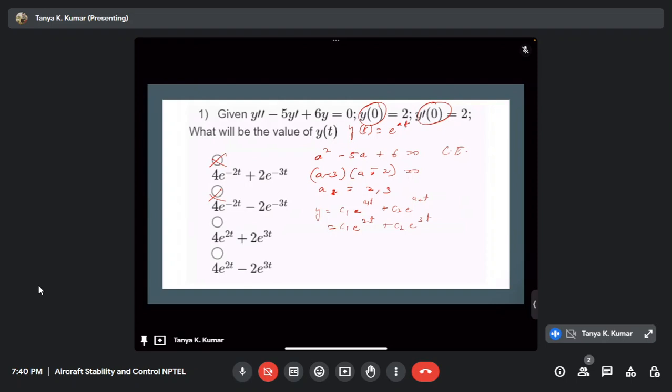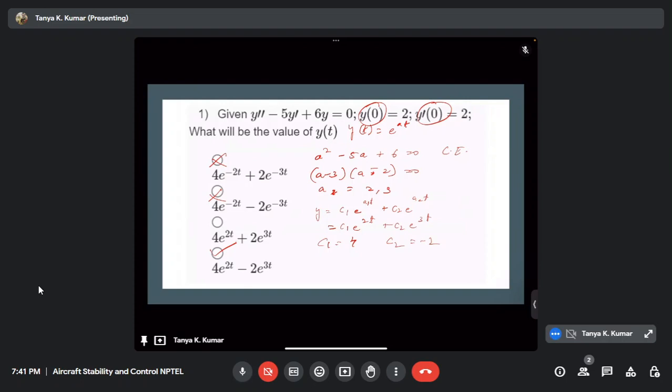Okay, so you get c1 as 4 and c2 as minus 2. So the final answer is this one. Right? Okay. Let's go to the next question.